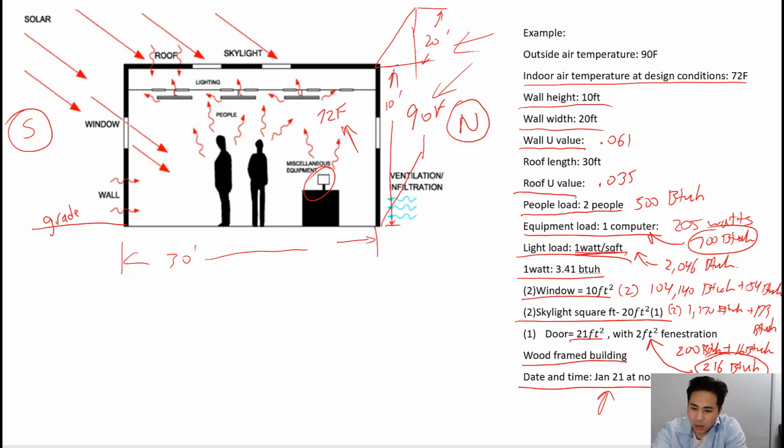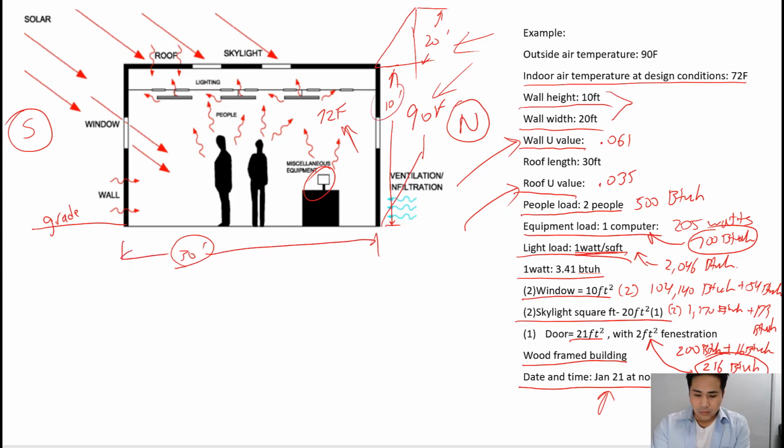Going back to the wall and the roof, we last calculated the U value only. Now we need to plug that value into the formula to get the conduction rate through the wall as well as the roof. The formula is going to be Q equals U A delta T, where the area is just the area of the wall, so that's subtracting all the window areas.